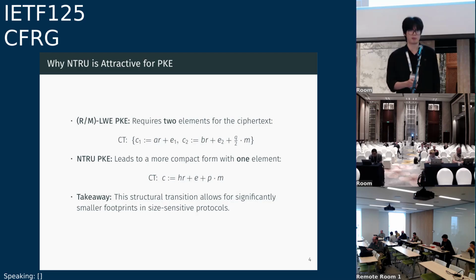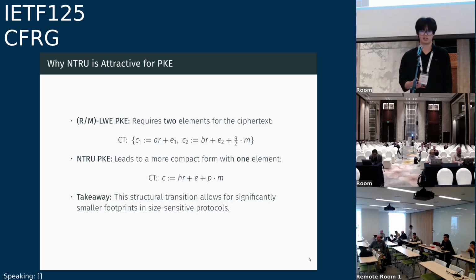Whereas NTRU public key encryption only needs one ring element in the ciphertext. So this doesn't mean it directly cuts the size by half, but it indeed decreases the size by a lot. So NTRU seems good as a more compact public key encryption. That's a takeaway. The reason is from the underlying structure.